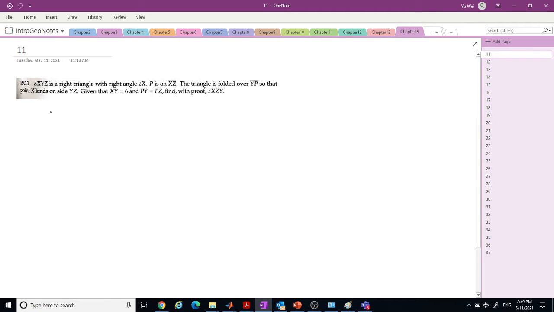So we have the right triangle, and the right angle is x, and then we have y and z.